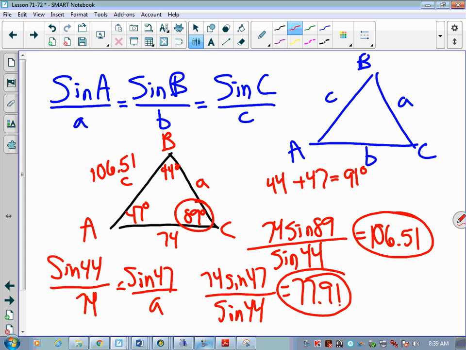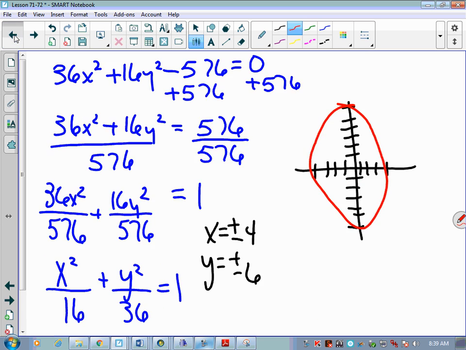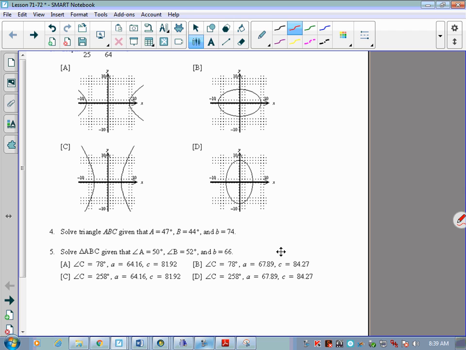All right. So that leaves us with our very last question, which is solve triangle ABC, given that A is 50, B is 52, and b is 66. Same thing. You'll notice here that they give us both parts of B. So that's the proportion I want to set on the left-hand side: sine 52 over 66, and then swap out the other parts.